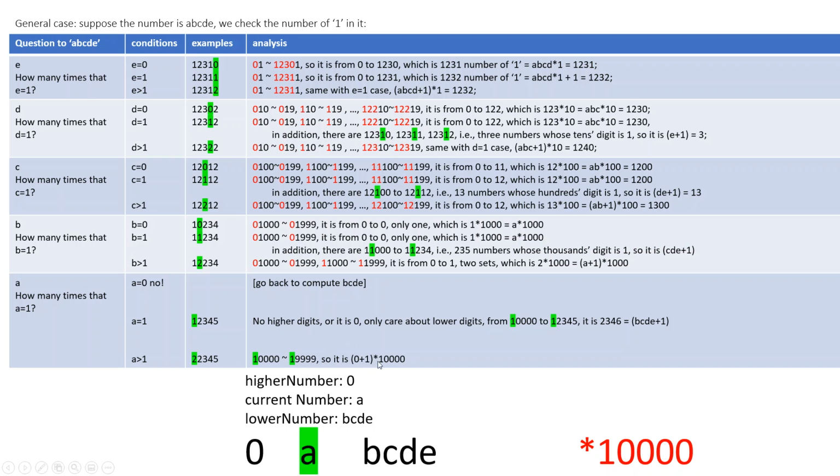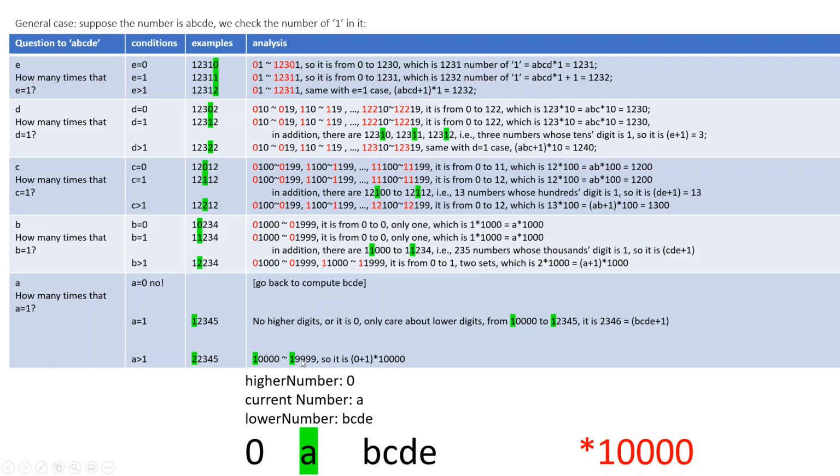So it's 0 plus 1, 2000. This is complete because we only care about the 10,000 digit here, right? So when it's 2, there is no such kind of numbers. So we only need to care about this subset. 0 is the higher number, and 1 is plus 1, right? And it times the subset size, which is 10,000.